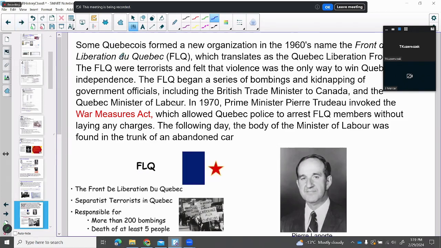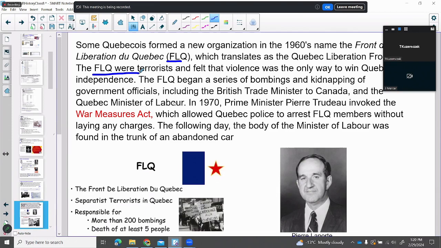During this time, some Quebecois formed a new organization. Again, this is in the 60s, named Front de Libération du Québec, which is FLQ, translated to Quebec Liberation Front. Now, the FLQ were terrorists, so they didn't believe in the Quiet Revolution. They felt that violence was the only way to win Quebec's independence.